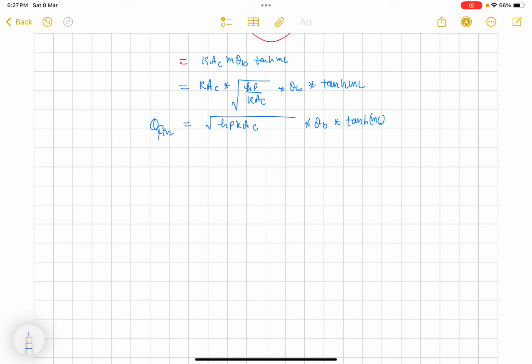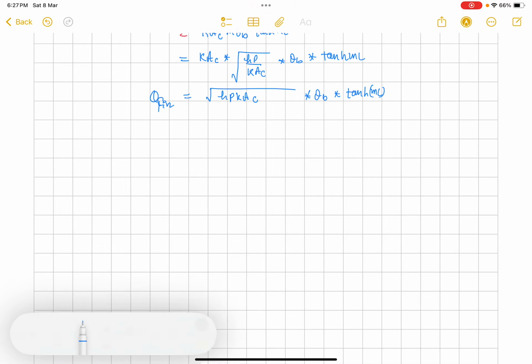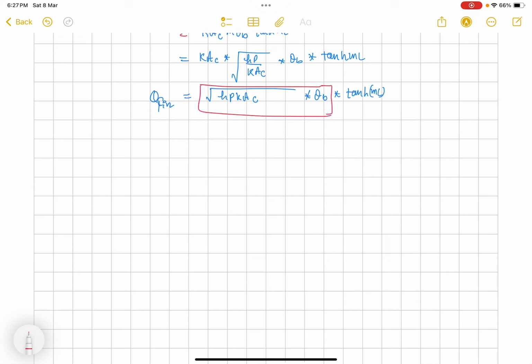Okay. One more thing we can observe, that this thing collectively is the expression for the heat transfer from the infinite length fin. And for the case of finite length fin, this is the expression, meaning this extra term is coming.